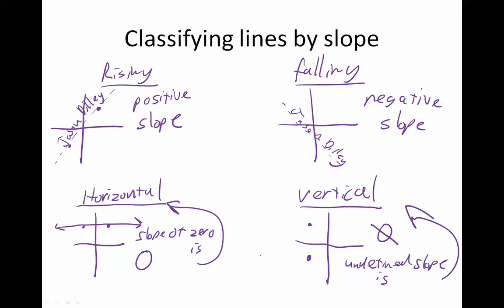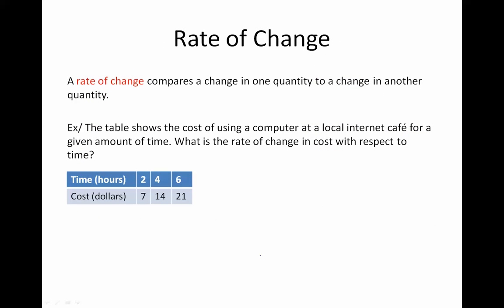All right. So we know these things about slope, okay? So let's talk about our last thing here, and this is rate of change. A rate of change is basically the same as slope, right? We're calling it a different word, but it means the same thing, okay?